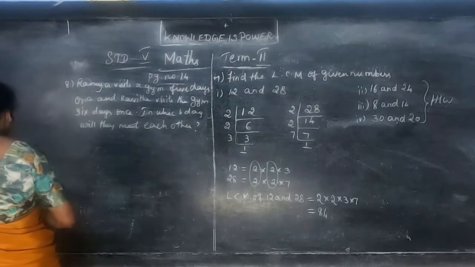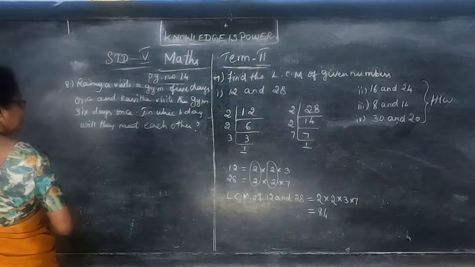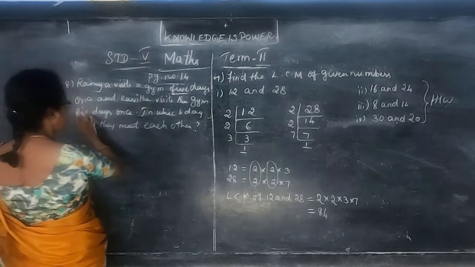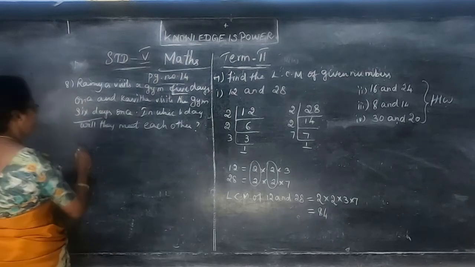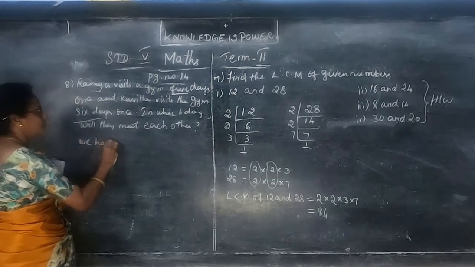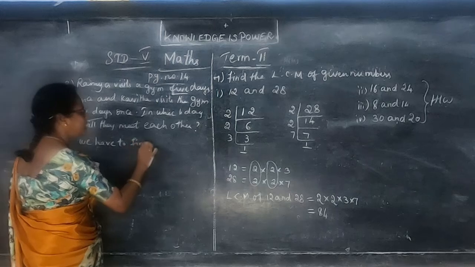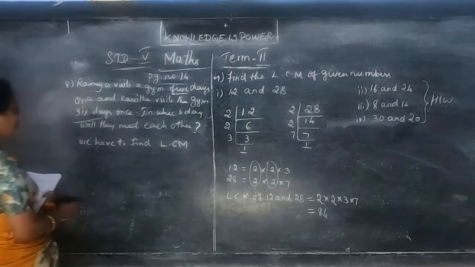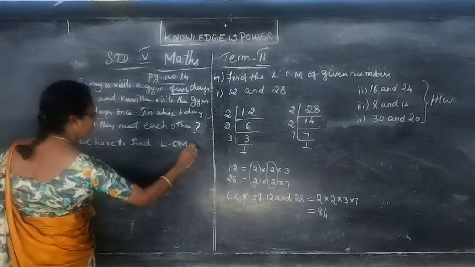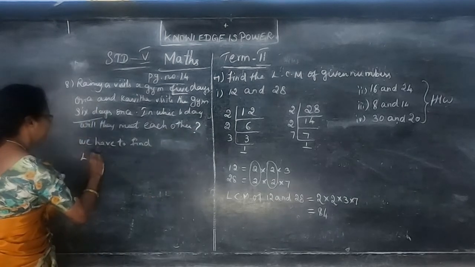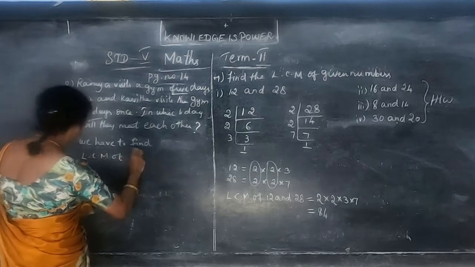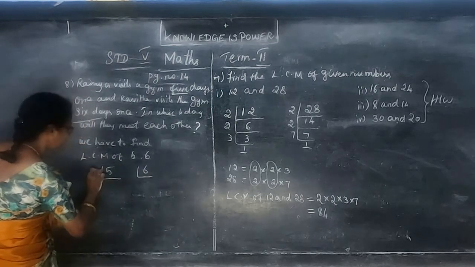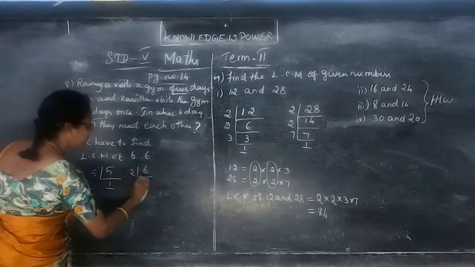So Ramya goes to the gym 5 days once and Kavita goes 6 days once. So what do we have to find? LCM. The question is only this far. So we have to find the LCM of 5 and 6. 5 goes in the 5 tables. 6 goes 2 3s are 6.